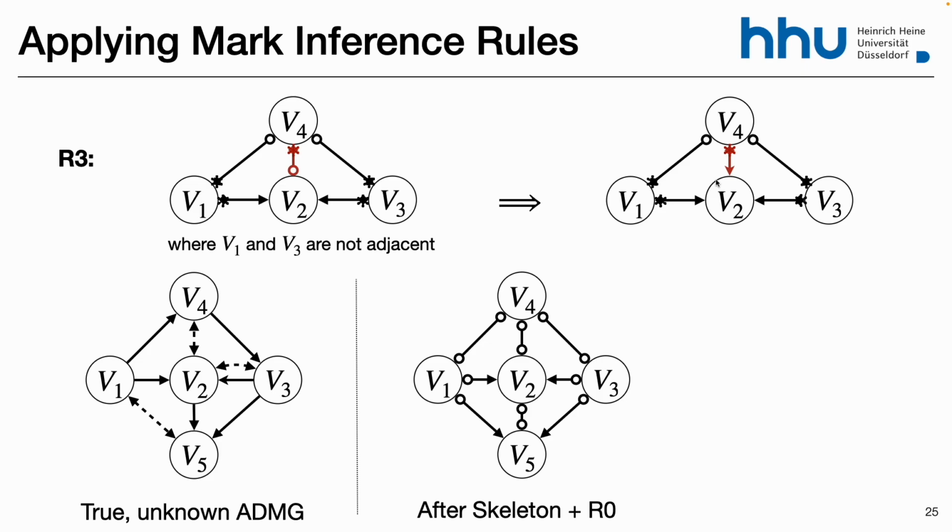Suppose that there is a tail there. If it's a tail there, it cannot be a tail on V4, because then it would contradict the case of having an arrowhead into a pair of variables that has a tail, that has an undirected edge. So it's not a tail, so it's not an undirected edge.